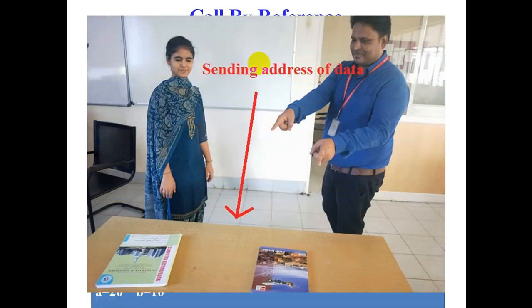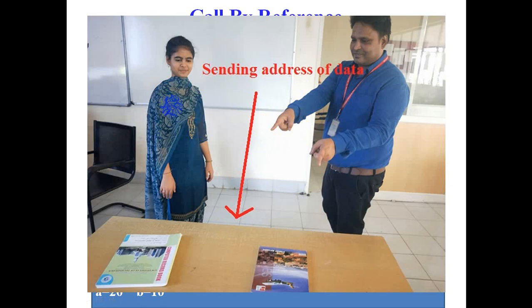Here you can see, this is the calling function, that is nothing but the main function. This is the called function, nothing but the swap function. The calling function is not going to give any data, it is just sending the address of the data to the swap function.